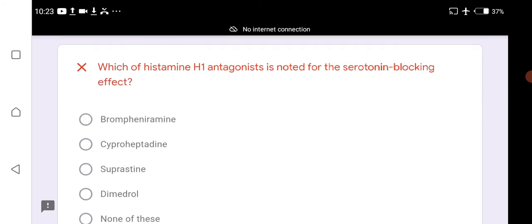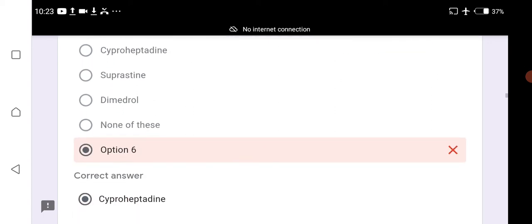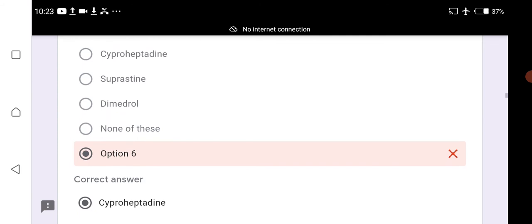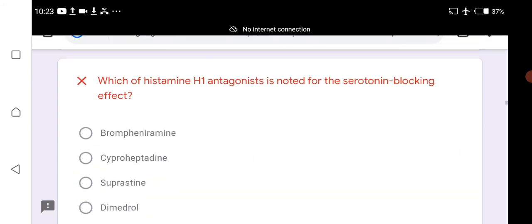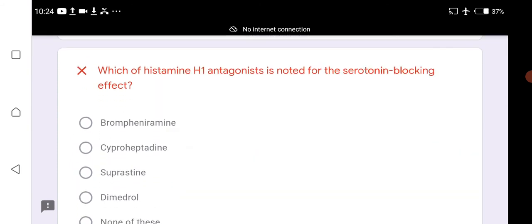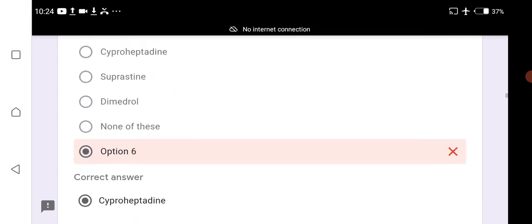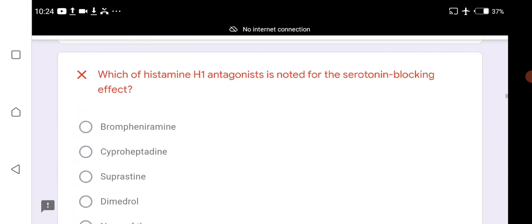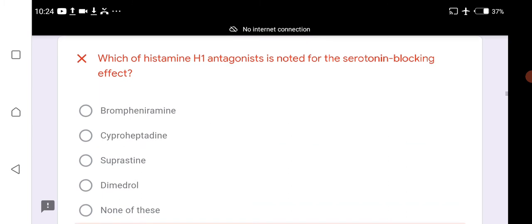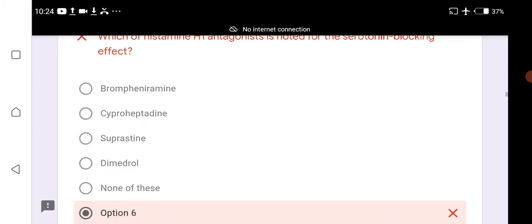Which histamine H1 antagonist is noted for serotonin blocking effect?